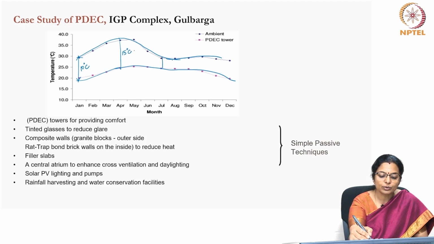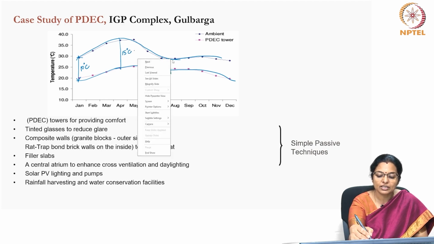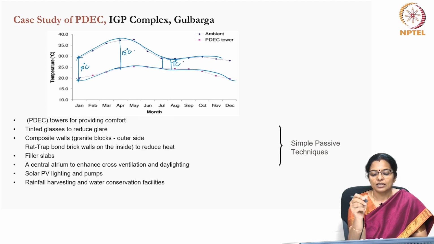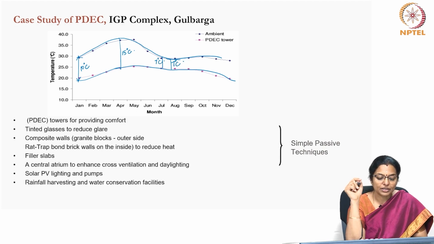Only in June and July the difference is not much. The difference is about 7 degrees centigrade. So this is the impact of having PDEC in terms of lowering the temperature.